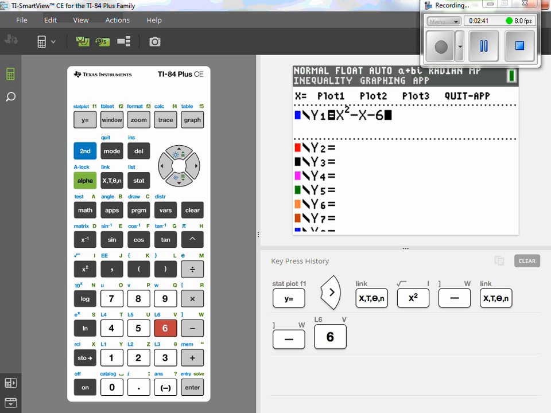Once you finish doing that, hit graph. Any questions? And here's our variable, this button here.